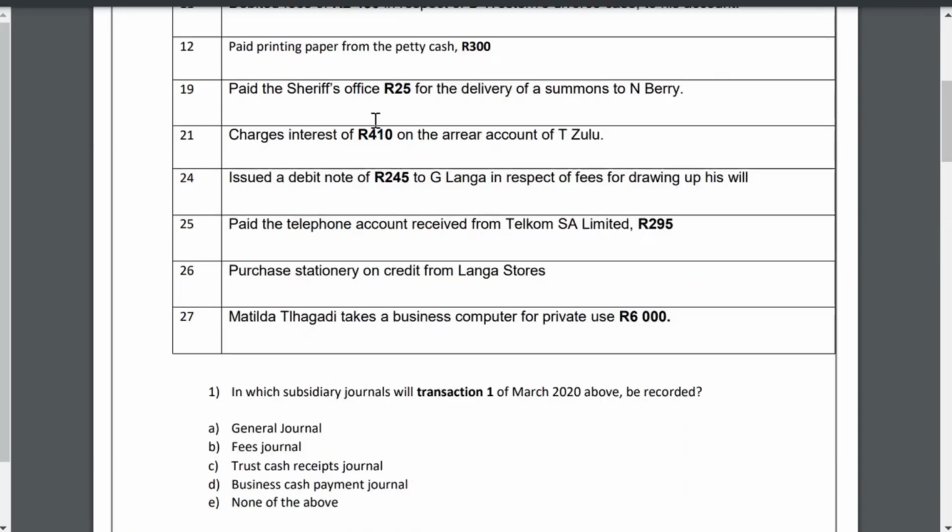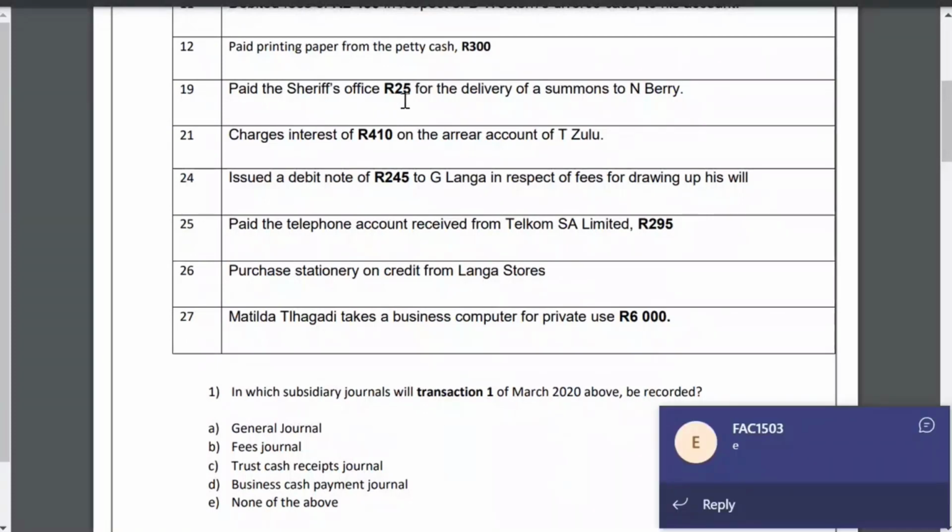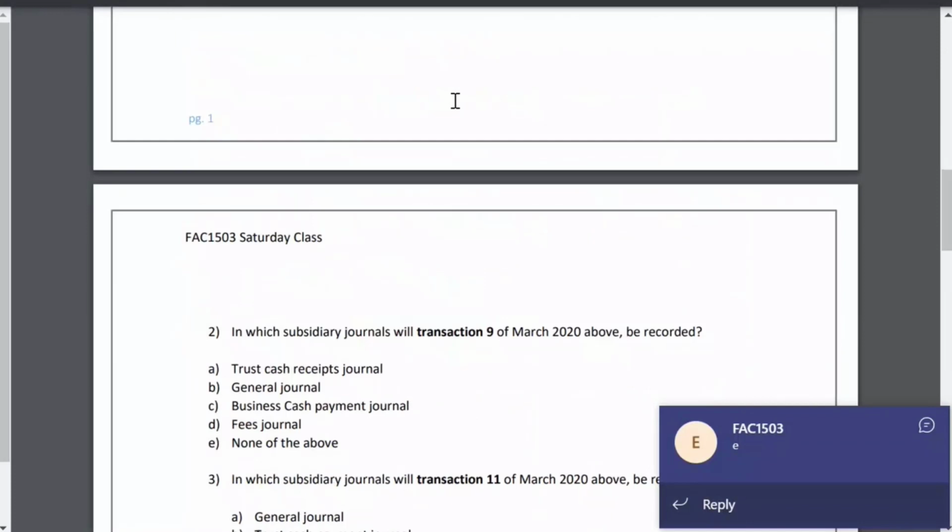So transaction 19: Matilda Attorneys paid the Sheriff's Office 25 Rand out of the business bank account for the delivery of a summons to N. Perry.